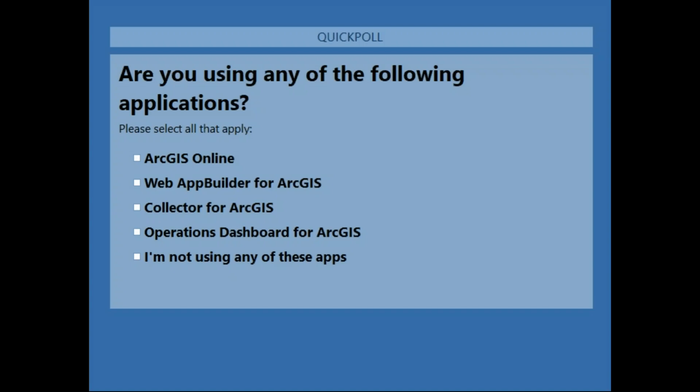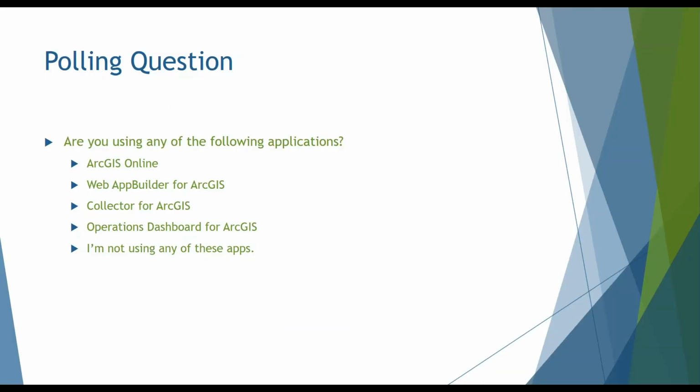About 45% are using Web App Builder. A big percentage, almost 60%, using Collector for ArcGIS, about 40% Operations Dashboard, and about 20% not using applications. Thank you, everyone, for responding. We're going to close the poll, and let's get back to Jim and see how they're doing.